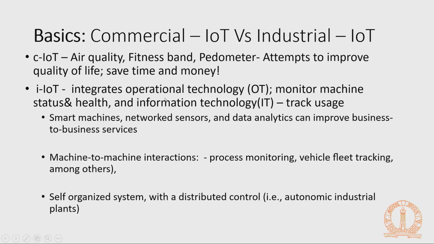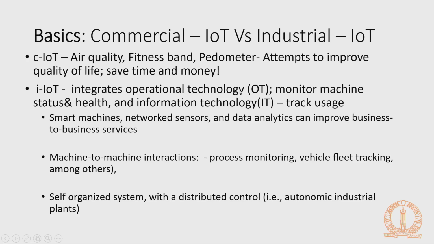The industrial IoT is mostly to benefit manufacturing. As you can see here, this is about integration of OT, which is the operational technology, basically monitoring, in a high level view, you can say it is monitoring the machine status and health when you talk about the OT, and the IT part, which is the information technology part, essentially tracking the usage of these systems, of this equipment and so on.